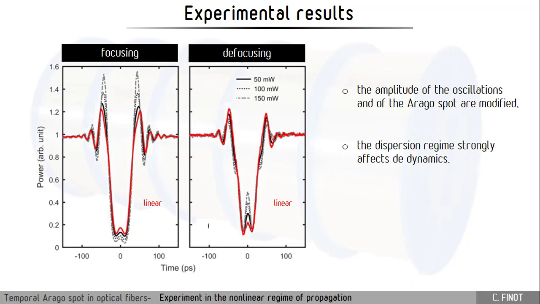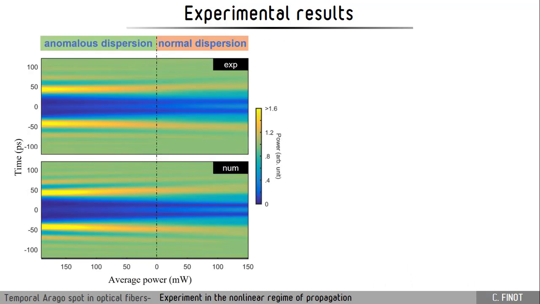And once again, we can compare our experimental result with the result that we have using a numerical simulation of the nonlinear Schrödinger equation, and we see that the agreement is excellent. We clearly see here the strong influence of the average power on the dynamics.